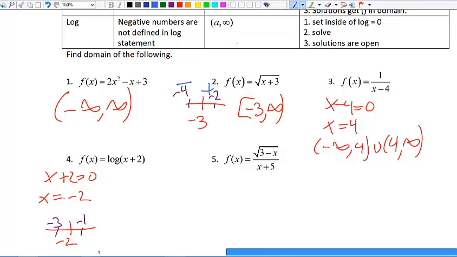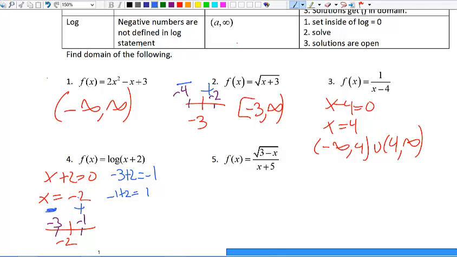And so if I evaluate this at negative 3, I get negative 3 plus 2, which is negative 1. And if I do negative 1 plus 2, I get positive 1. So on the negative 3 side, I get negative numbers, and on the negative 1 side, I get positive numbers.